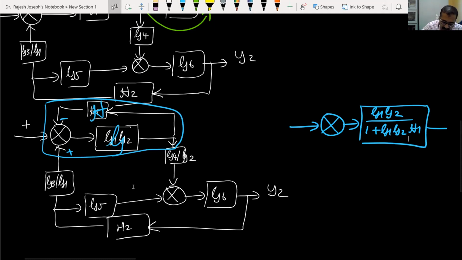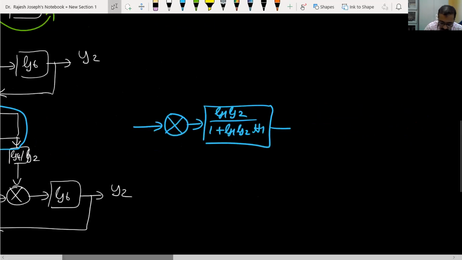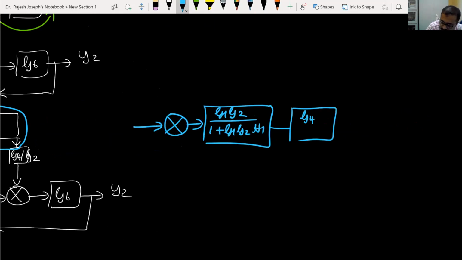Now you see this is now a single block, and G4 by G2. How are they? They are in cascade. So I can straight away write it like this, into G4 by G2. That is going to this summing point. I will just redraw it.